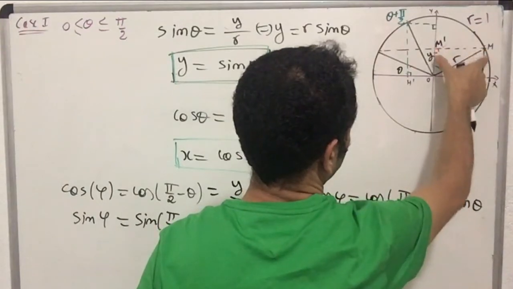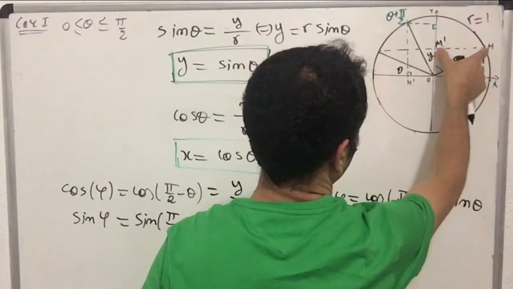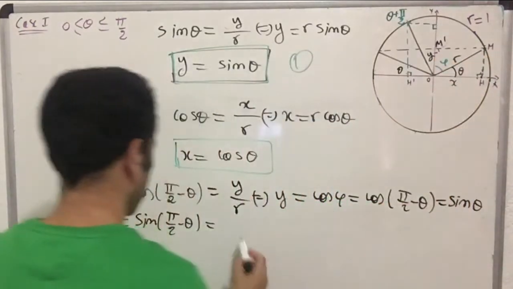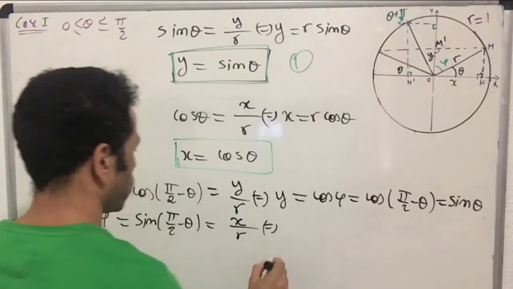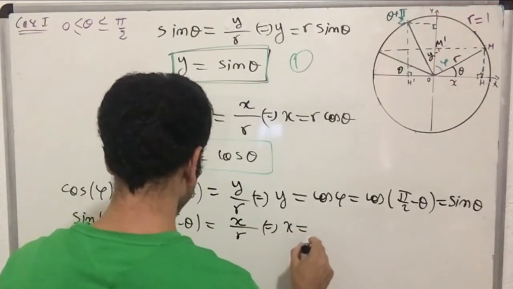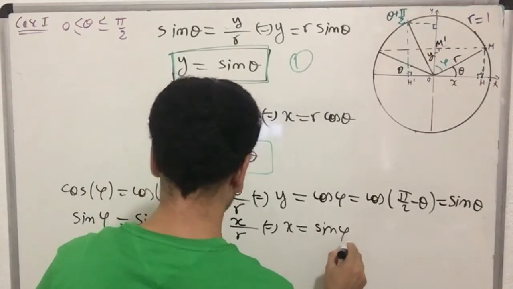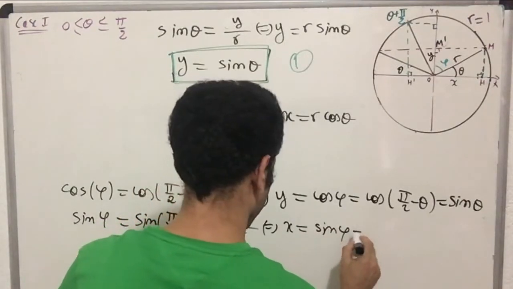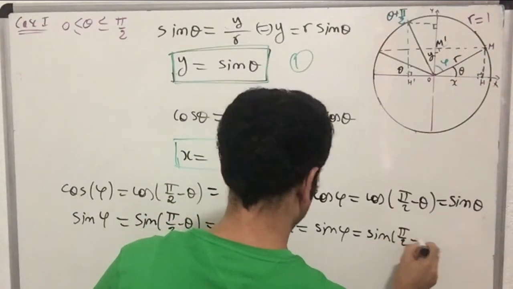If you do the projection on the horizontal axis, you will find x. M prime M equals x, which is x over r. Since r equals 1 because of the circle, x equals sine phi, sine phi equals sine of pi over 2 minus theta.